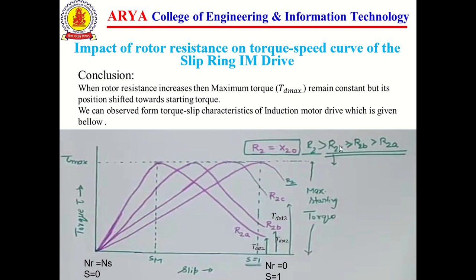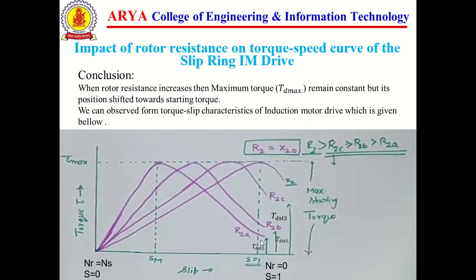When we talk about the third case, with greater rotor resistance than in these two cases, the maximum value of torque is shifted here. Similarly, when we talk about S equal to 1, the maximum torque is also shifted toward the starting torque. This is an interesting point.